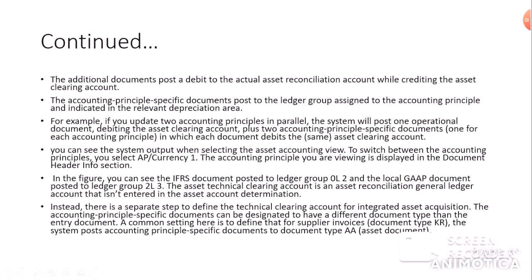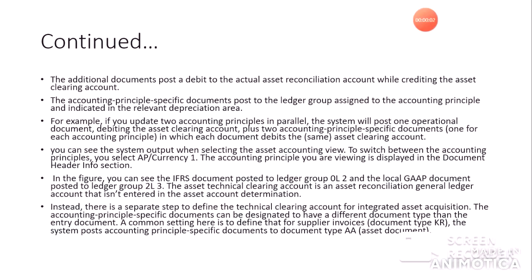The asset technical clearing account is an asset reconciliation general ledger account that isn't entered in the asset account determination. We don't assign the technical account in the asset account determination. Instead, there is a separate step in the configuration to define the technical clearing account for integrated asset acquisition.